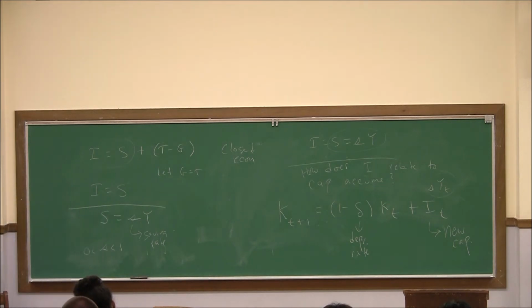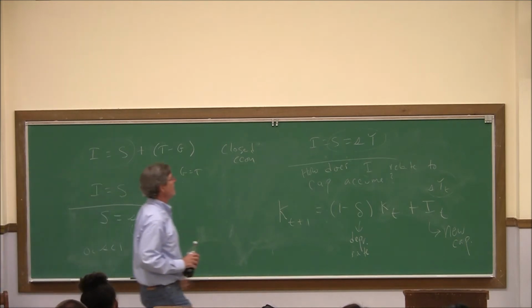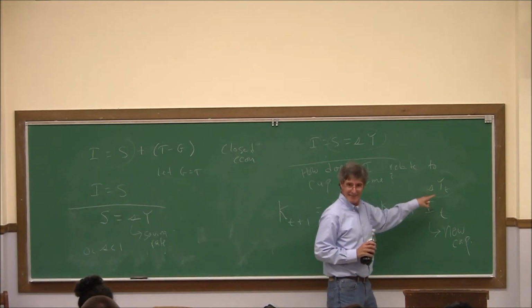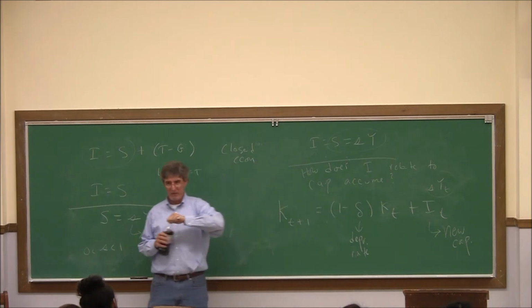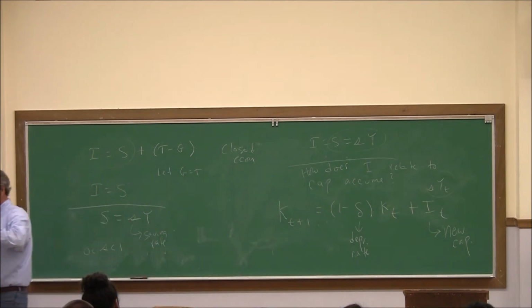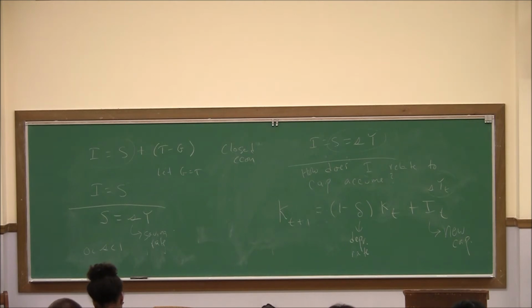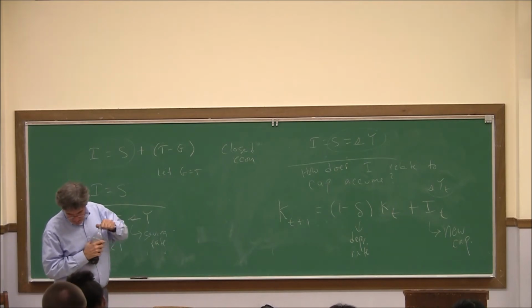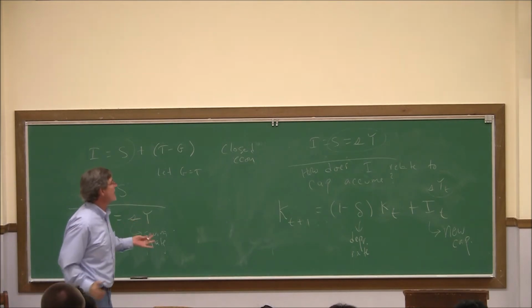Yesterday's capital minus depreciation plus the new stuff. And the new stuff depends critically on S and Y. Either one of those is higher, you'll get more capital accumulation over time. Then we want this stuff in per person.